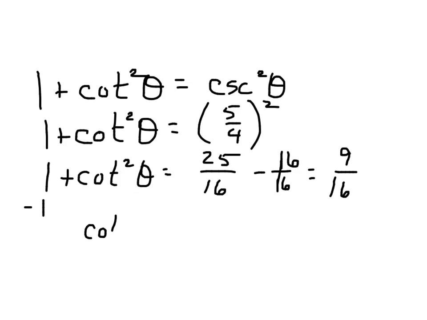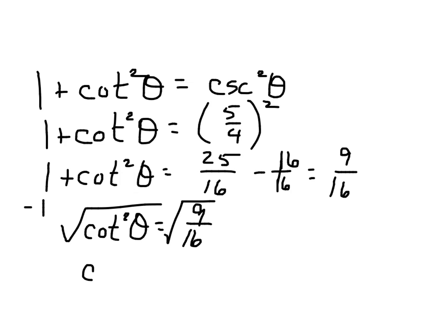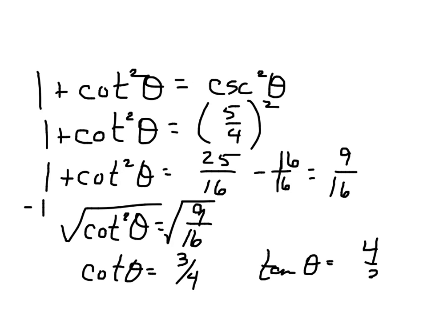So I have right now the cotangent squared of theta equals 9/16. Now what? Square root it. And when you square root that, what do you get? So what's the tangent? 4 thirds, right? So you found all 6.